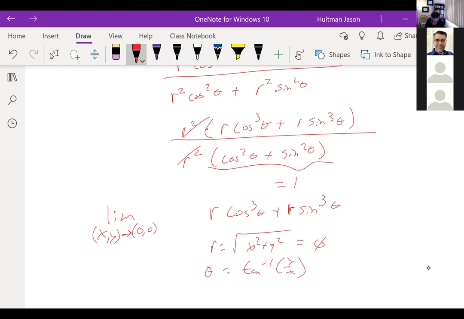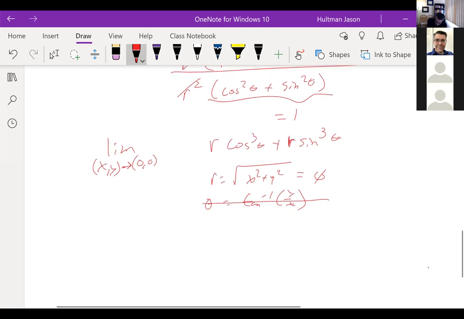But that's okay because we don't really care what theta is, right? In this case, let's just ignore it. Because when we plug in 0 for r, what happens to the whole thing?